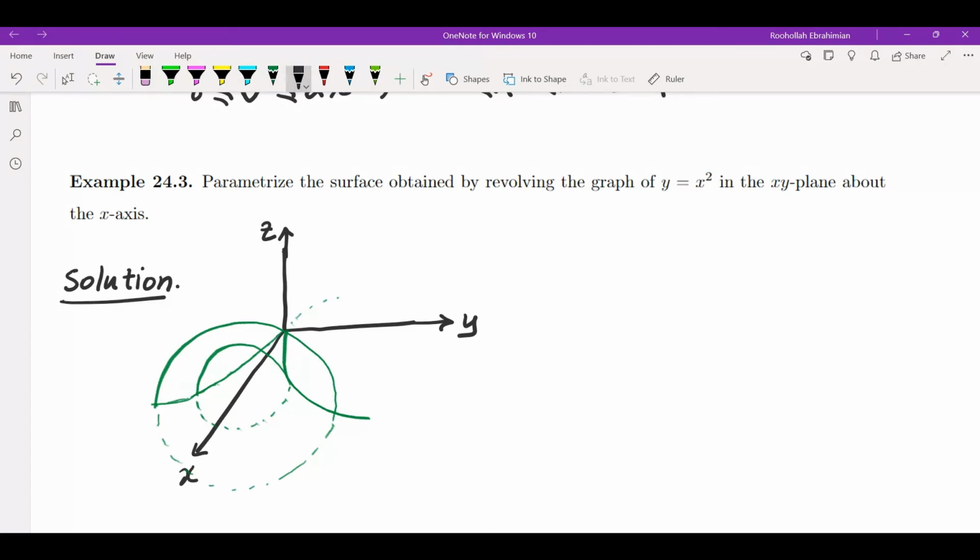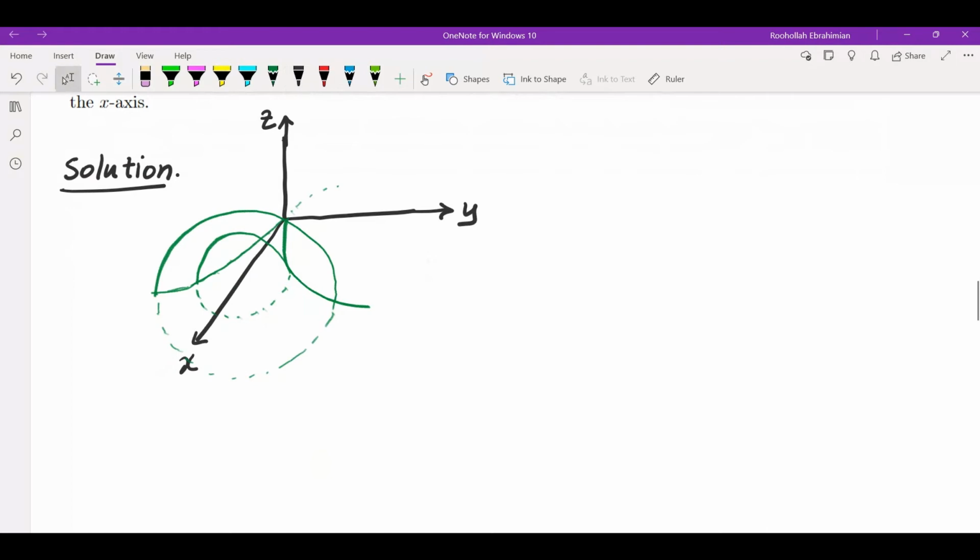So now we want to parameterize this one. So how do we parameterize it? We are going to take a point, let's say point x on the x-axis, and we are going to look at this circle that we have. What is the radius of this circle? The radius of this circle is f of x. So in fact, let me put x a little bit further. So this is x.